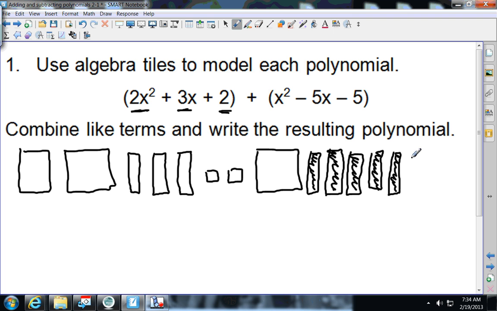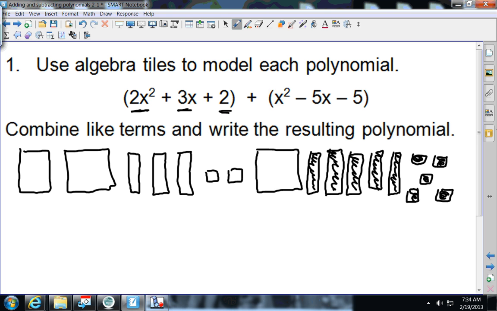And minus 5. So those are the units. Okay, so all I've done is represent what was in the numbers and letters in tiles.